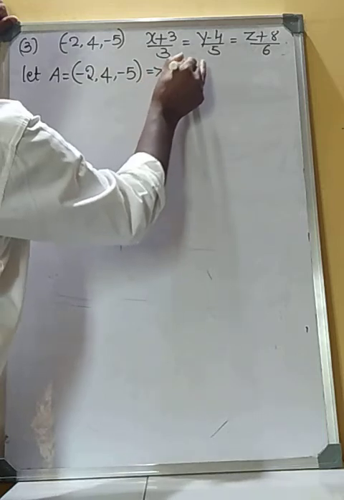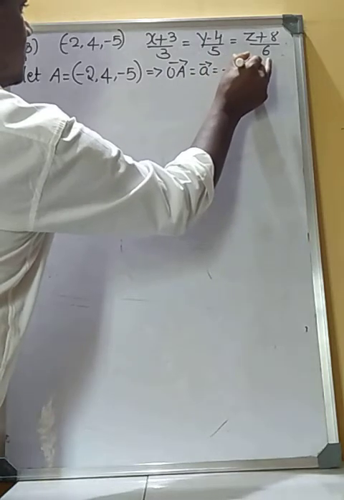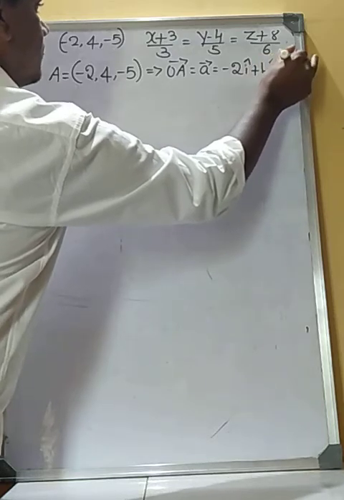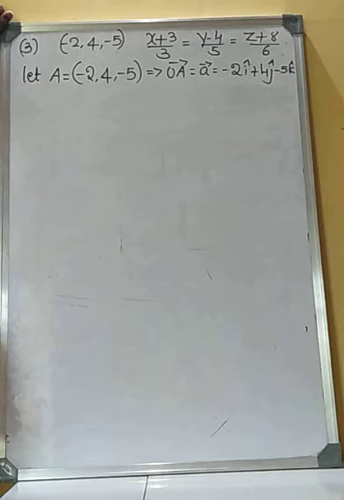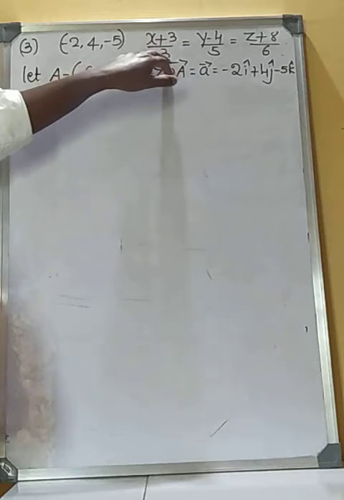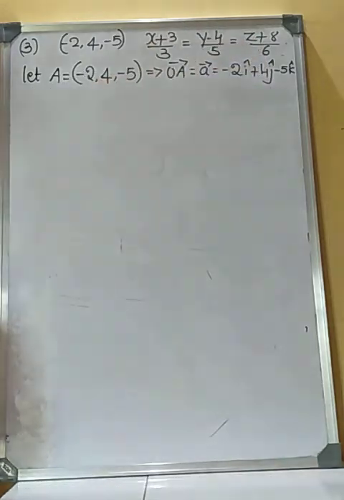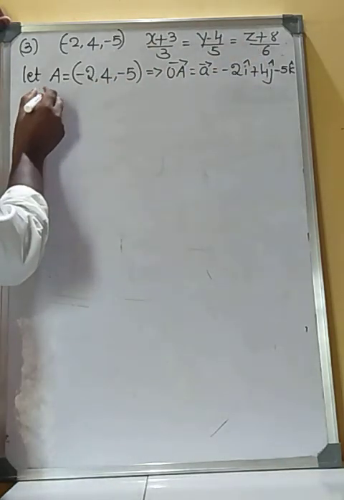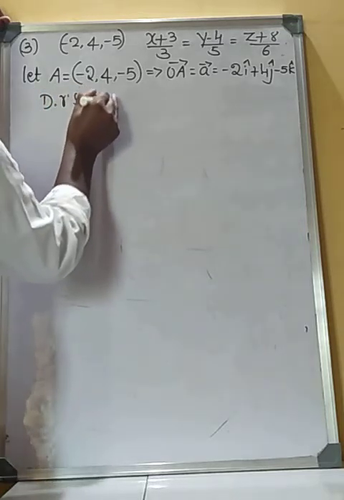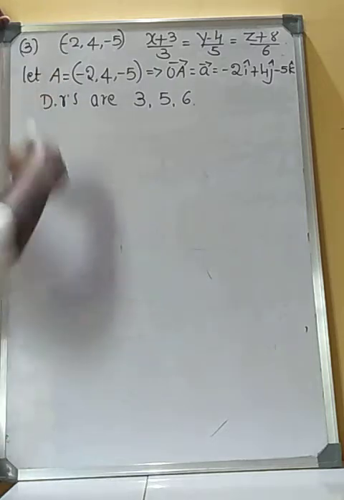It implies vector OA equals vector A equals minus 2i plus 4j minus 5k. The direction ratios of the line (x plus 3) by 3 equals (y minus 4) by 5 equals (z plus 8) by 6 are 3, 5, 6.